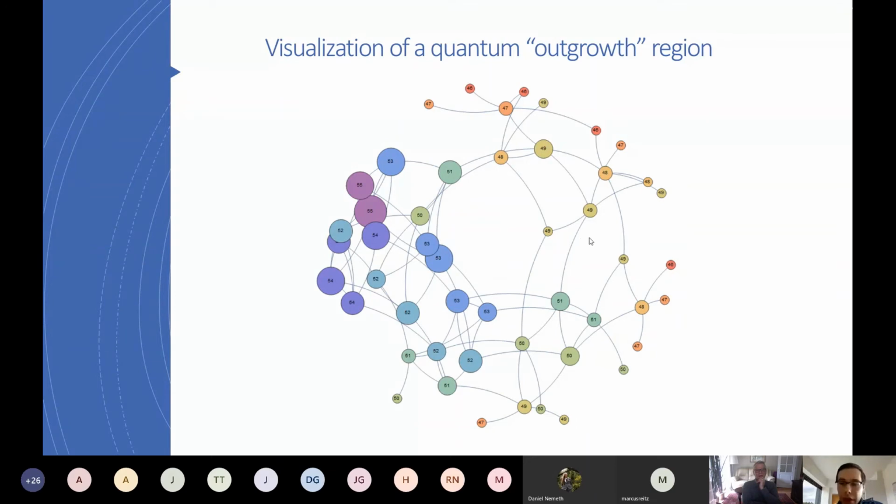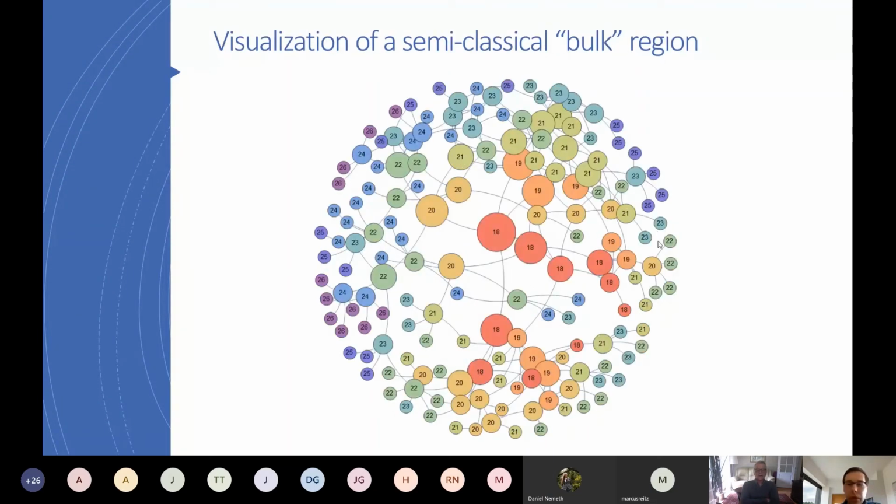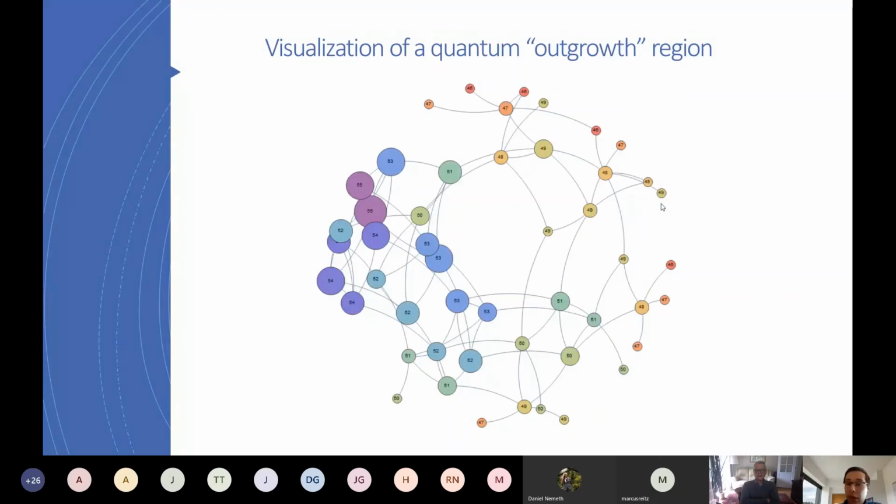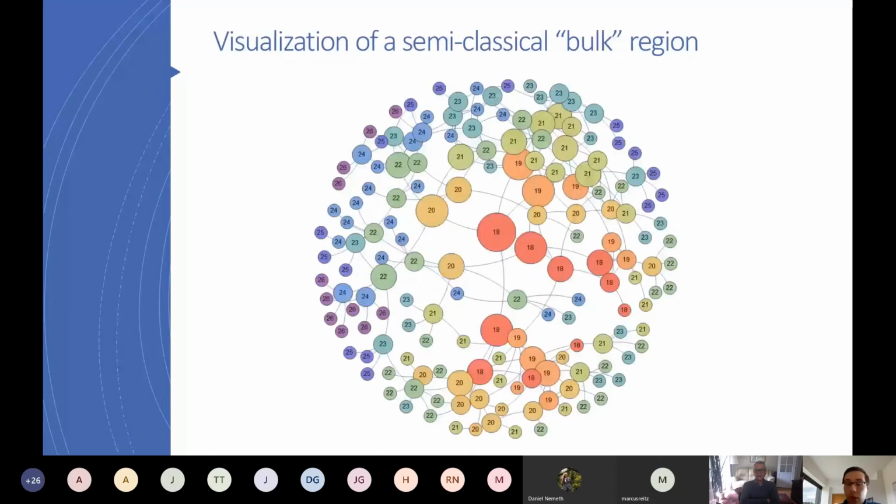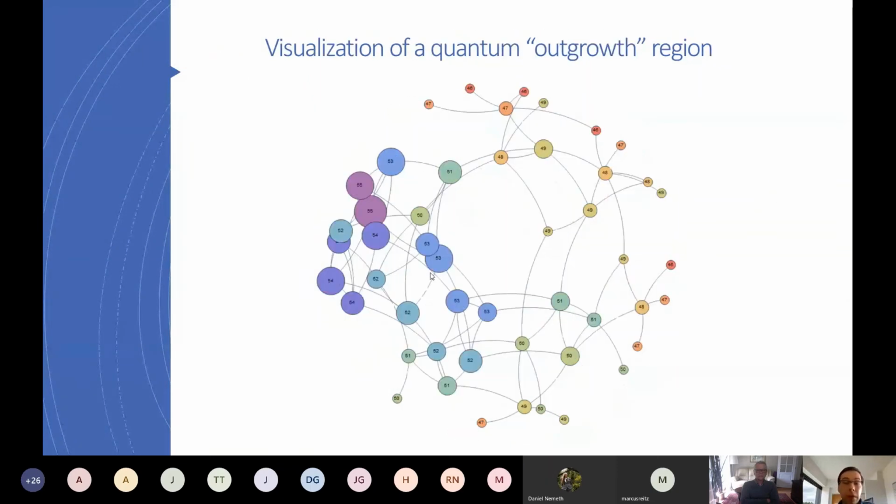The simplices are very much interconnected, and this smaller growth of the number of simplices as we go through consecutive steps from the starting simplex also means that the Hausdorff dimension in such a region is smaller. The Hausdorff dimension in the semi-classical region must be about 4, whereas here it is less than 3. So we can see, first of all, that the height of the simplex tells us something about its position within the configuration. It's not like a coordinate, but it also tells us something about its position.